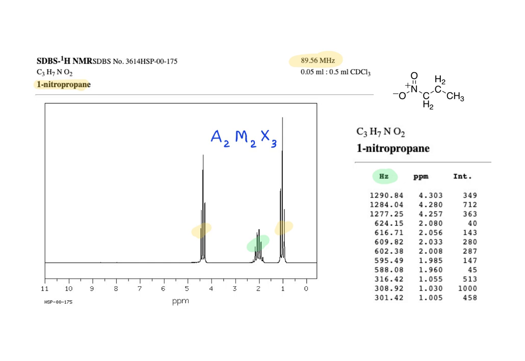By subtracting differences between the Hertz values, we can determine that the A2 triplet has a coupling constant of about 6.8 Hertz. Going to the right side, the methyl triplet has a coupling constant of 7.5 Hertz.